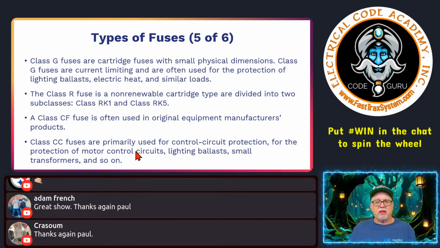Probably going to find those in things like motor control centers and the motor control circuit boards and all that kind of stuff. Small little transformer, integral, these little Class CC, these little teeny babies that are in there. Probably already provided by the manufacturer, and it's probably nothing me as an electrician I'm going to screw with, maybe. Unless you're working in HVAC and you're working with some of the little control boards that have integral fuses, then you may deal with some small Class CC.